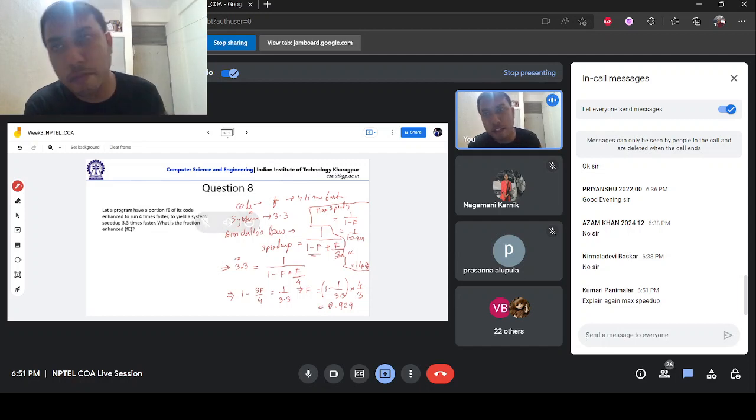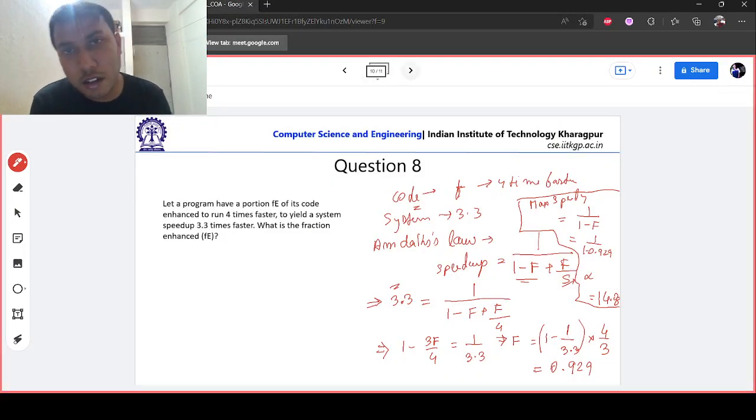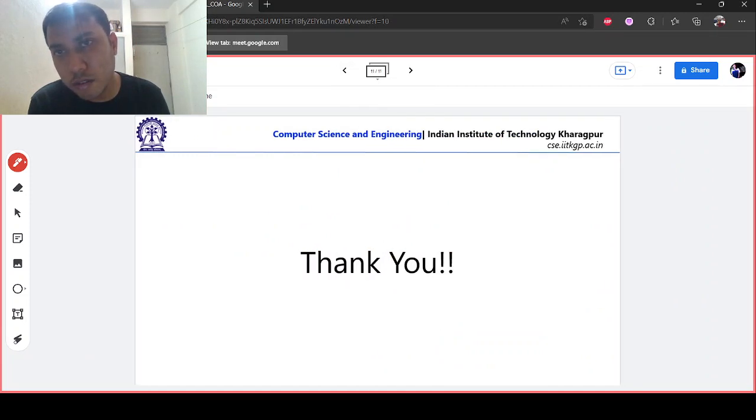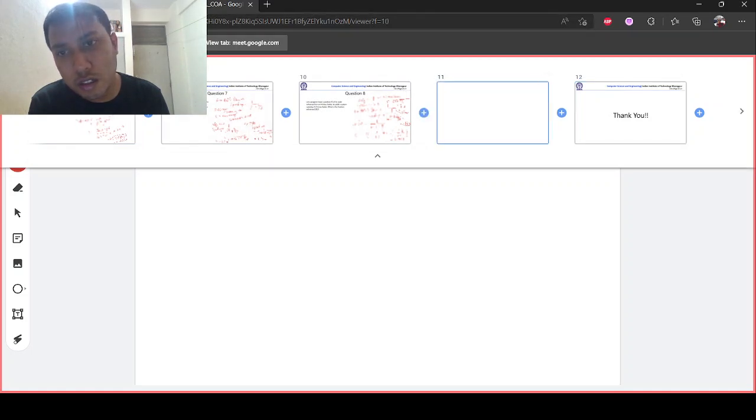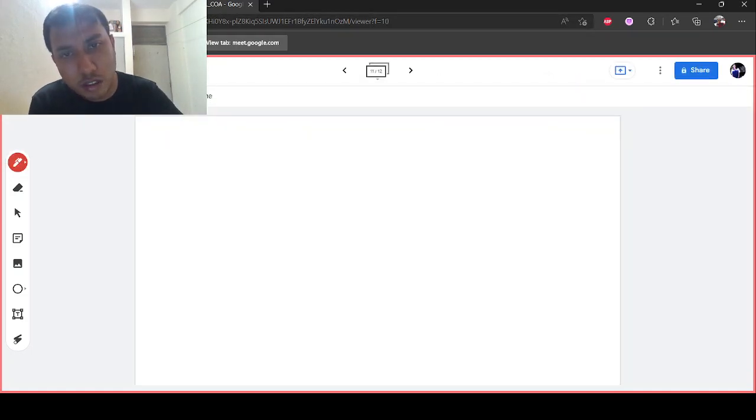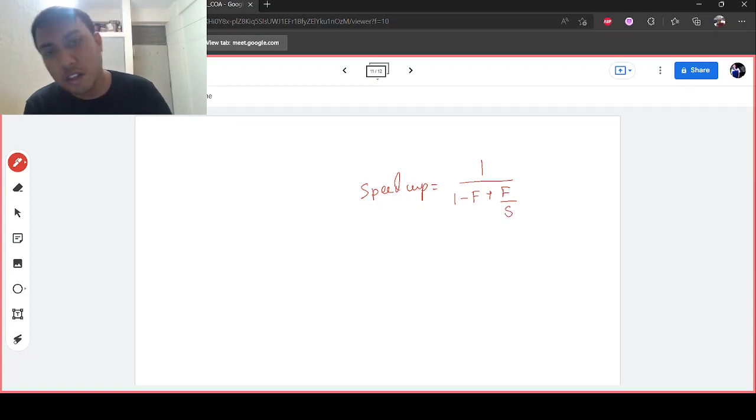Max speedup is basically 1 divided by (1 minus f) plus f divided by s, where f is the fraction of the system that is being enhanced, and s is the enhancement.